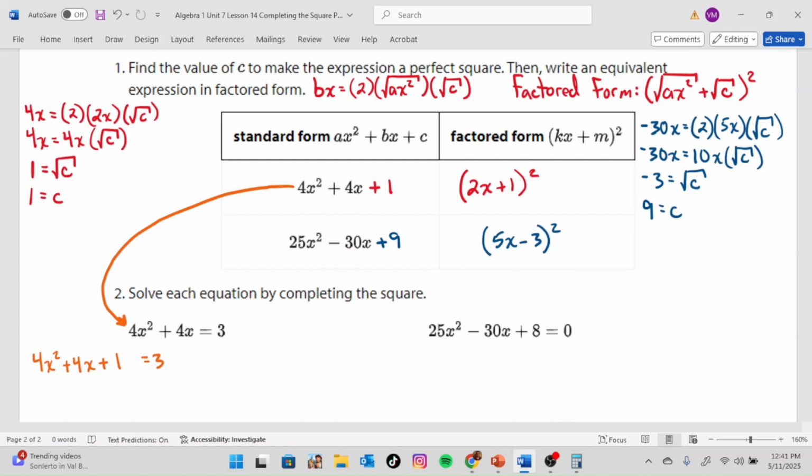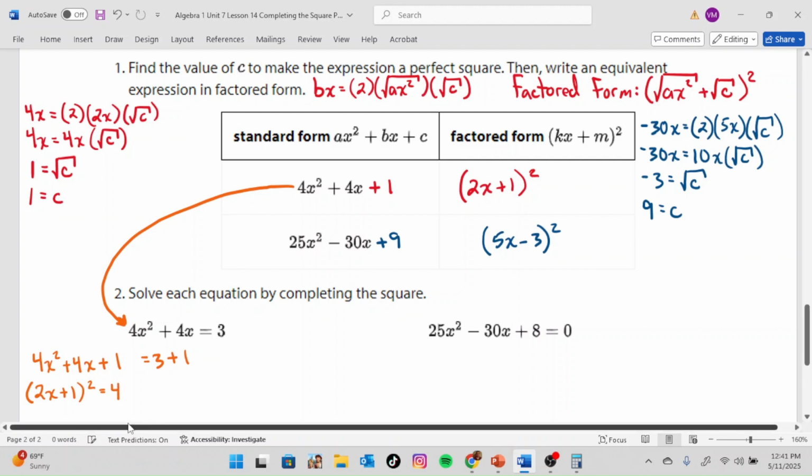So if we added that 1 on the left, we're going to add that 1 on the right. And now we also already found the factored form, so we can write 2x plus 1 squared equals 3 plus 1, which is 4.